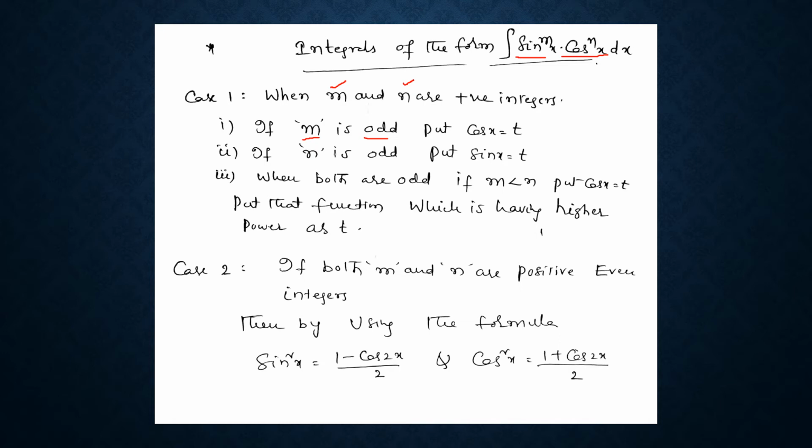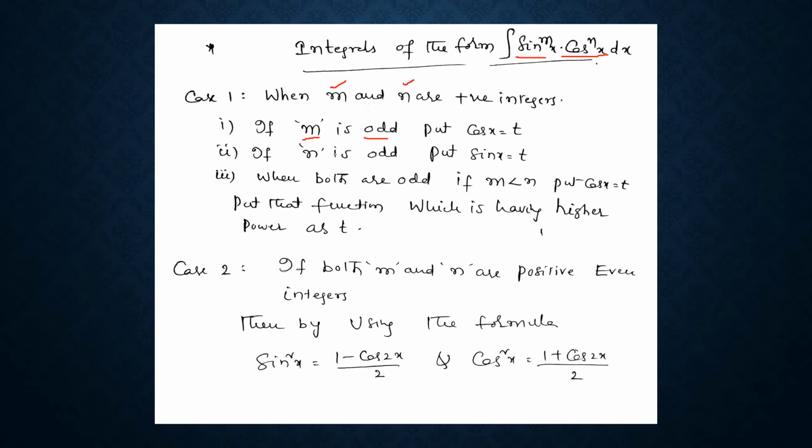Then how do you solve the problem? If m is odd, that means the power of the sine function is odd, then put cos x is equal to t. That means if m is odd and n is even, the function with the even power should be taken as t. Put cos x is equal to t.